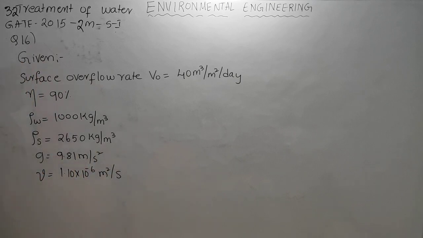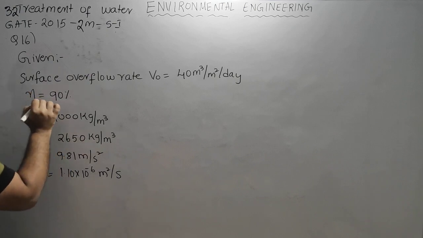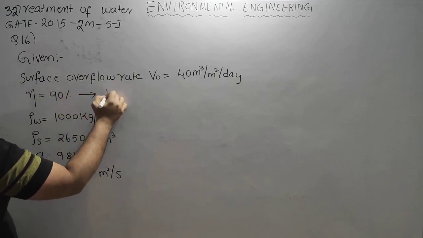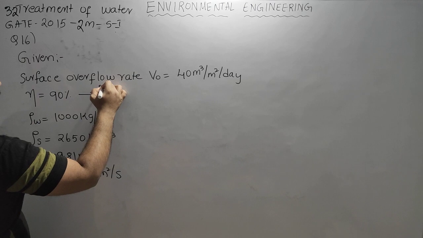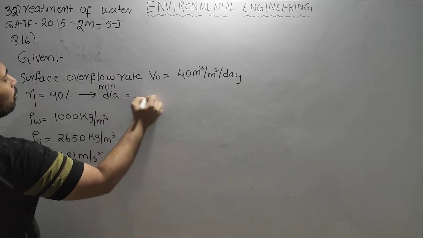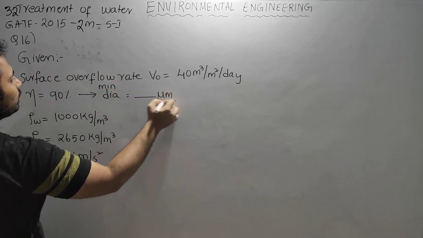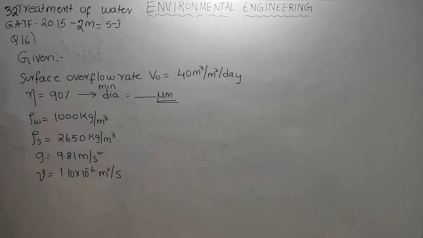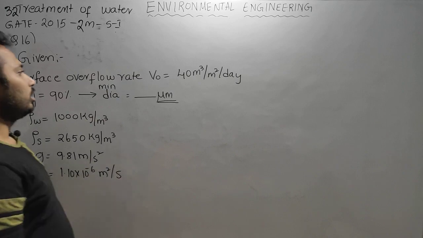Okay, these are the data. This is the data given, and he is asking for this efficiency. What is the minimum dia removed in micrometer? He is asking it in micrometer, not mm, not meter, micrometer he is asking. Okay, so let us start.